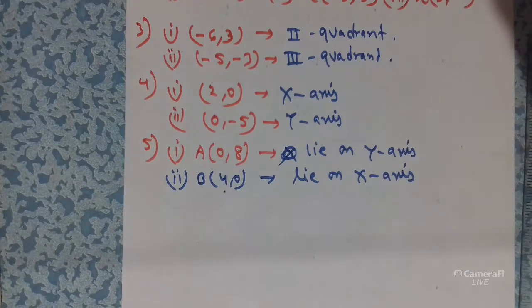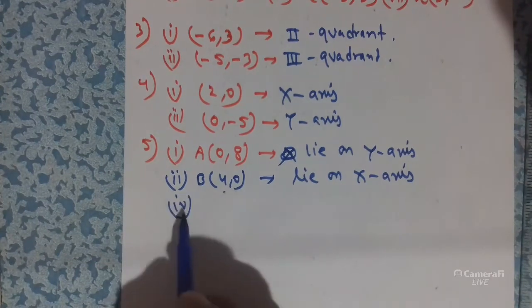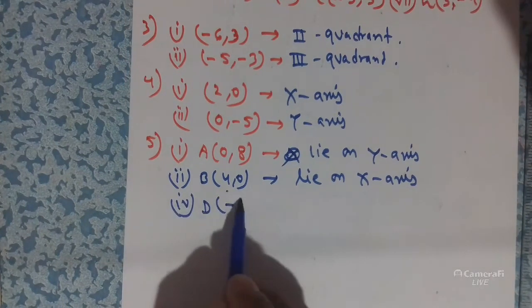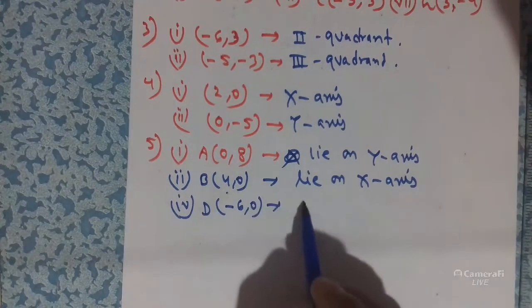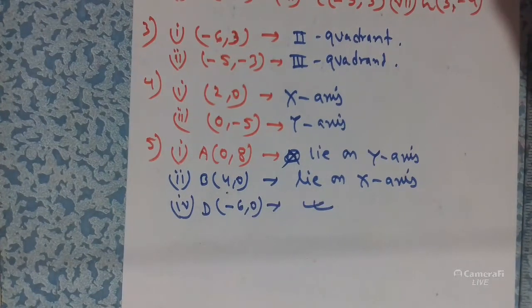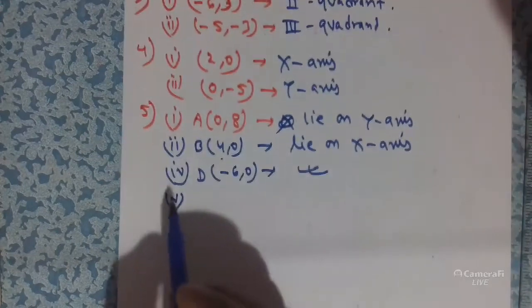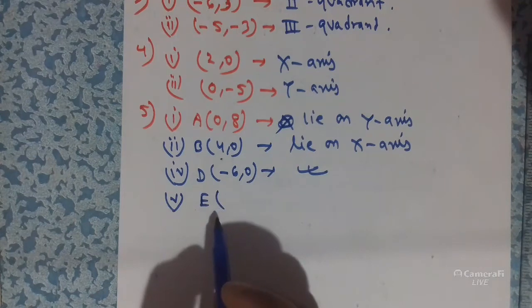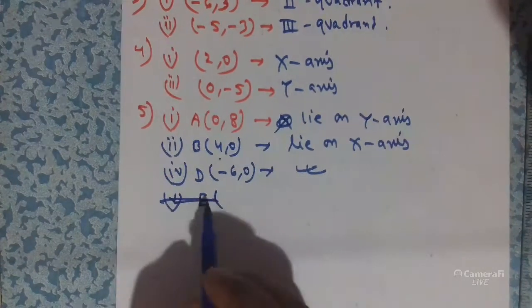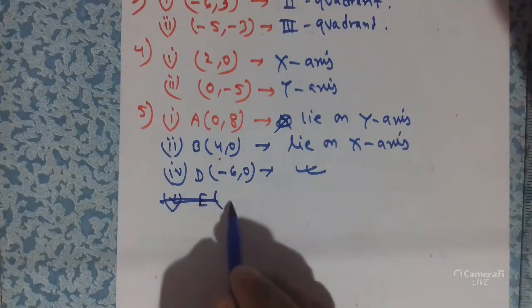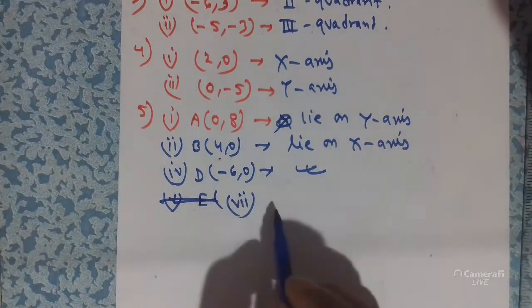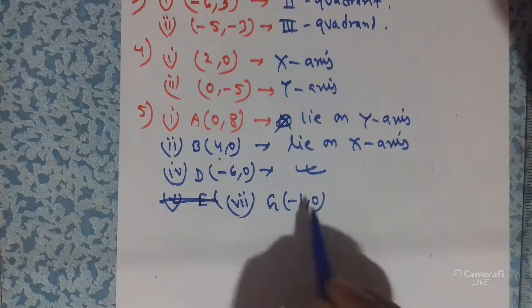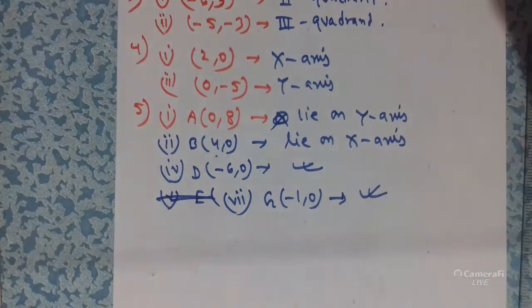So the answer will be, 4 number is D (-6, 0). So it will lie on the x axis. Similarly, 5 number problem is E (2, 1). So E (2, 1) will not lie on the x axis. So the last one is 7 number, G (-1, 0). So it will lie on the x axis.